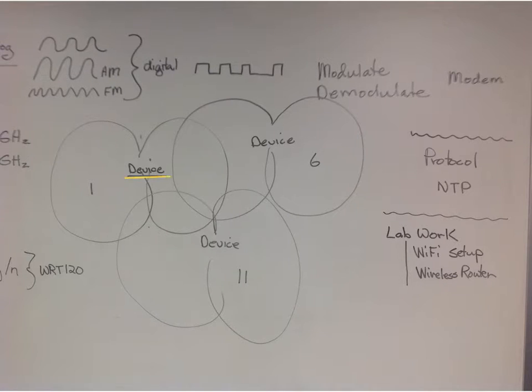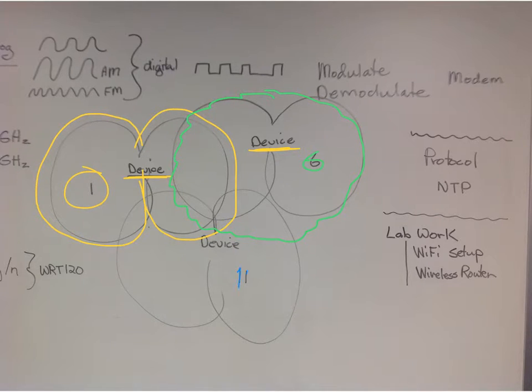So we talked about having the device, and they were working on it, and I said, what if we wanted to add a device? You could put this one on this channel, and these here are representing the antenna range, so to speak. Then if we added another one, we could put that in channel 6, so this device would cover this range, let's just arbitrarily say. And then we could have a device that's on channel 11.